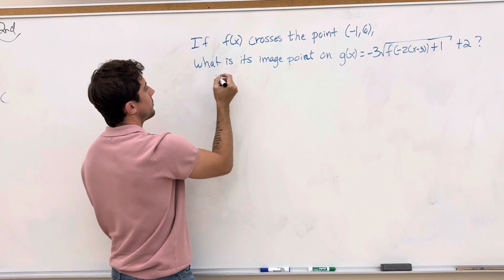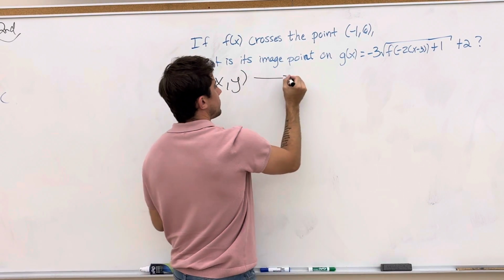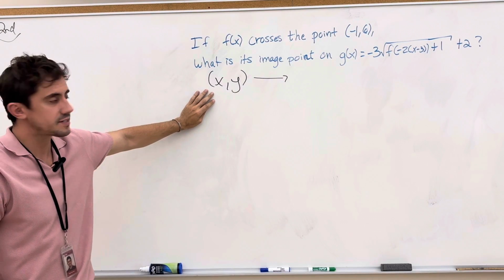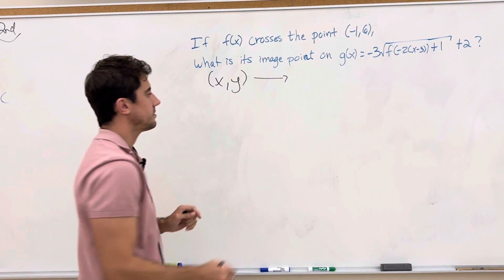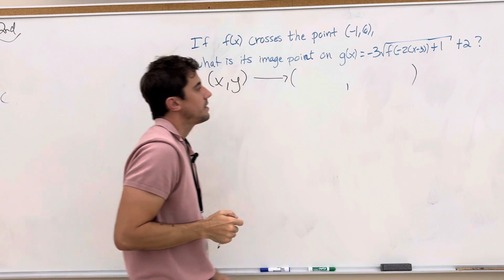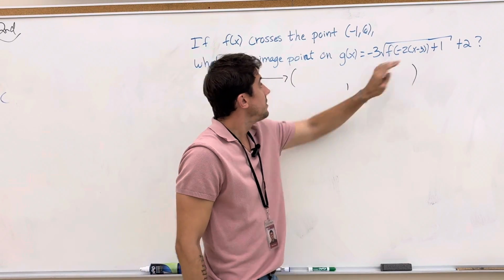So first off, we would be wise to write down some mapping rule. And so our mapping rule for some point on the original curve f(x) with coordinates (x, y) will be mapped to... let's figure this out. So what's going on inside of the function f?